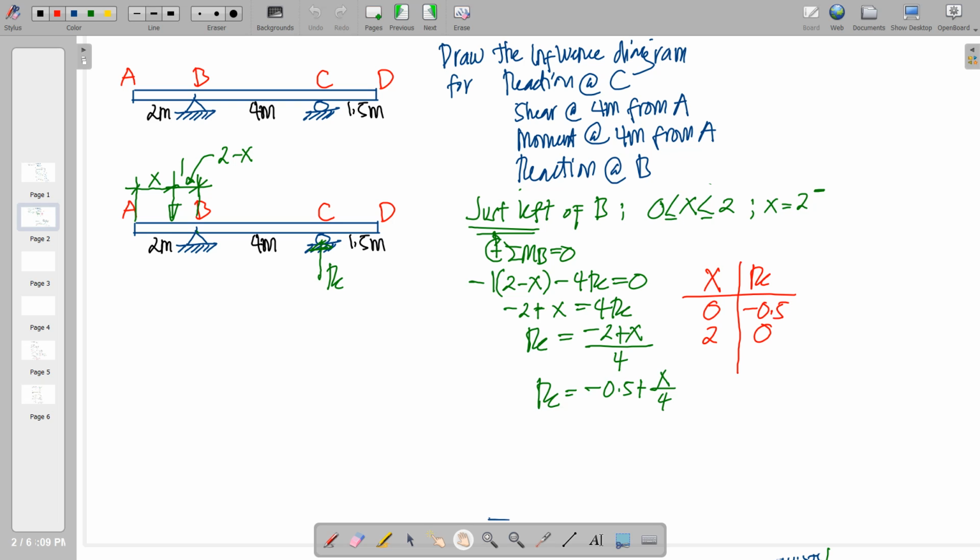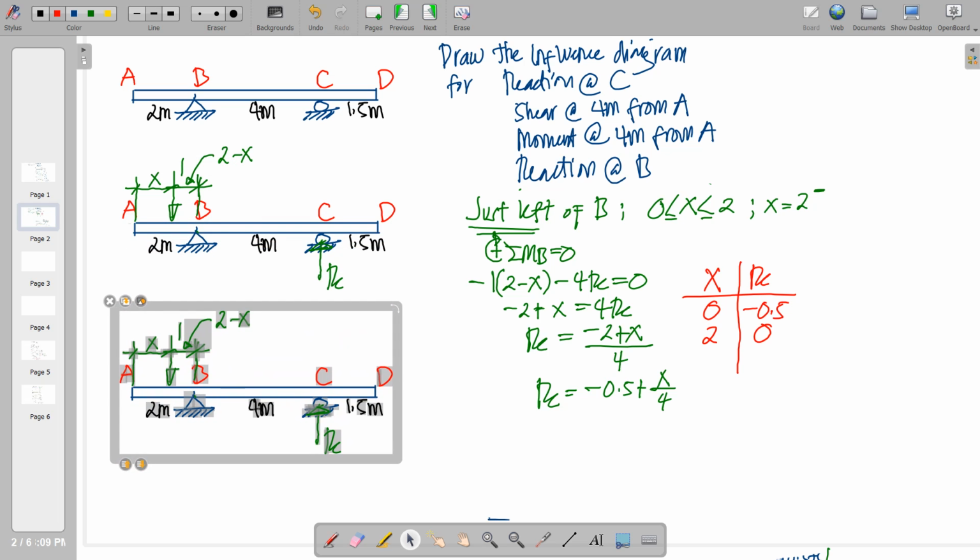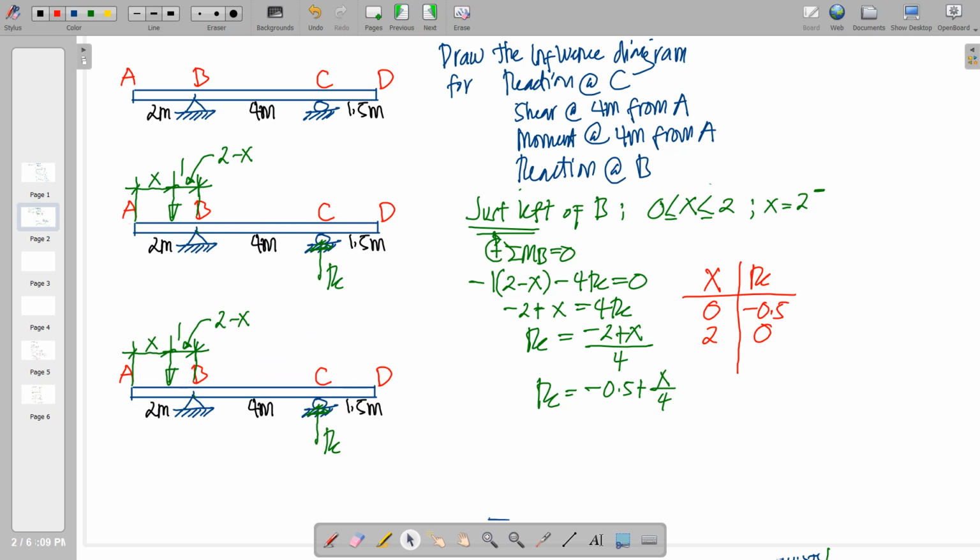Let us have another illustration here to indicate that your 1 will transfer to the segment BC.